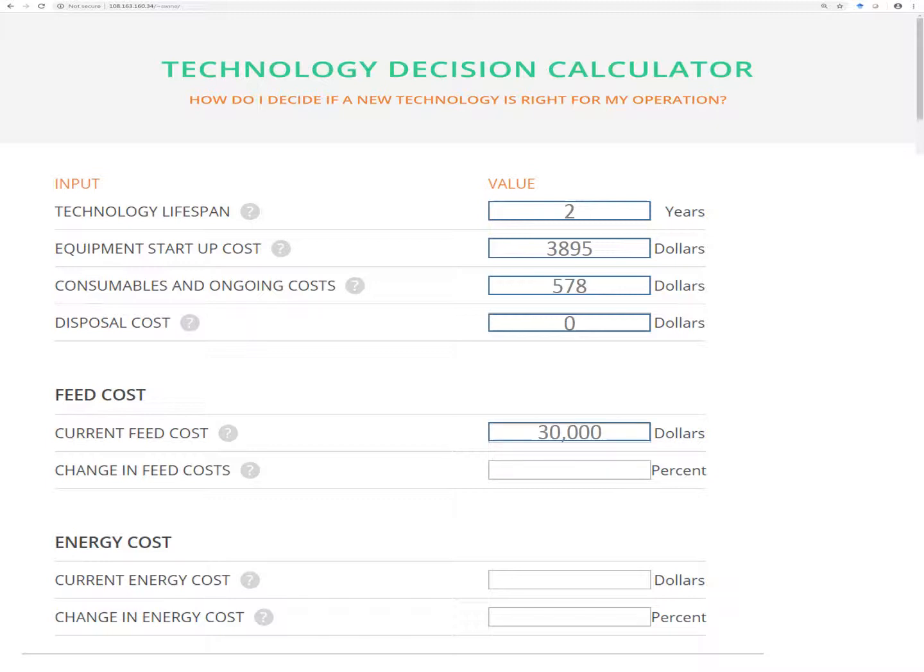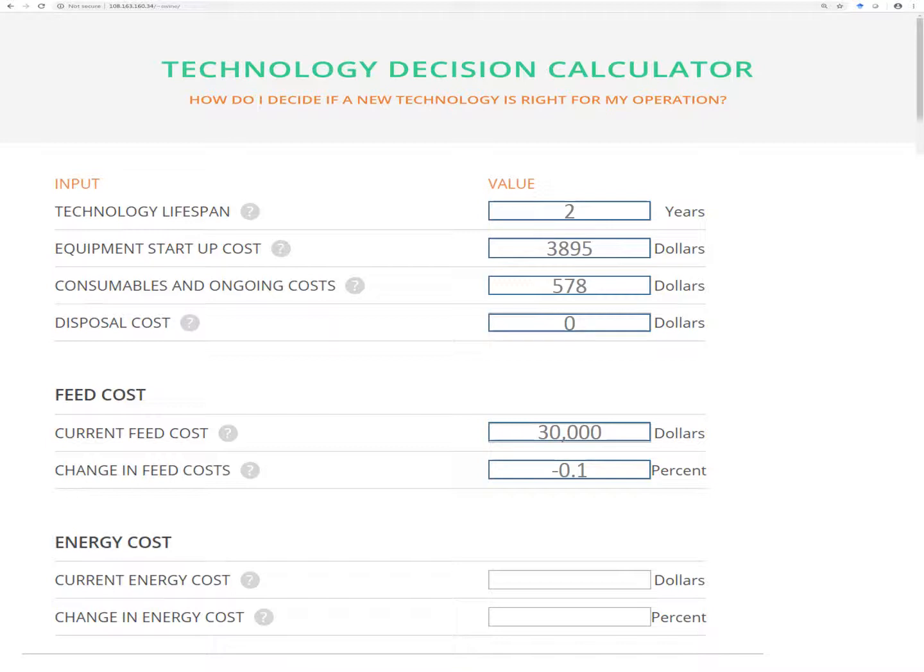The current feed cost, if that is 30,000 Canadian dollars, but since I'm planning to invest in the new nursery pig feeder, I'm anticipating a reduction in the cost of my feed by 0.1%.